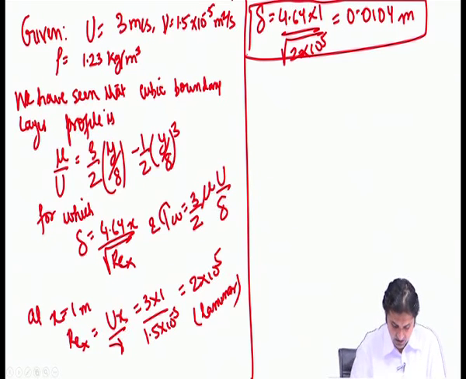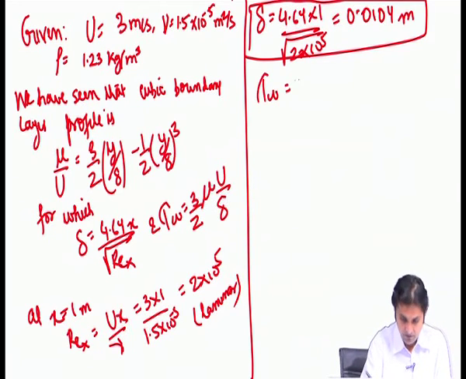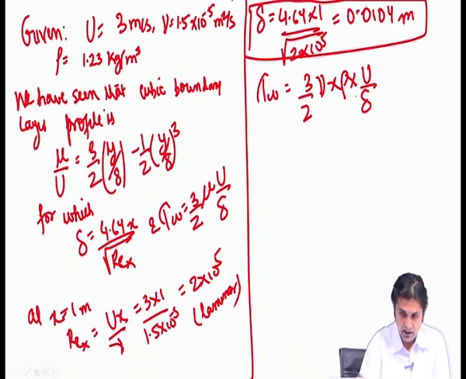This is the delta, and tau w will give us 3 by 2 nu into rho into u by delta.